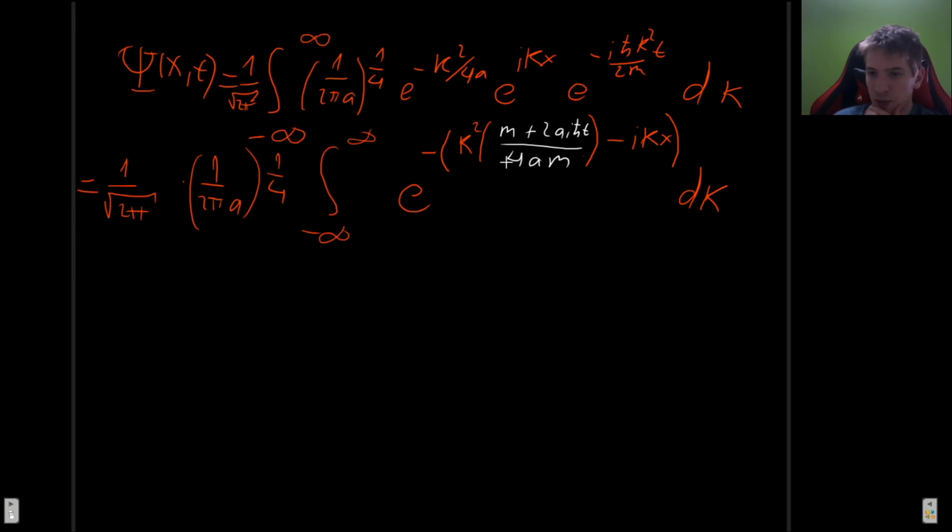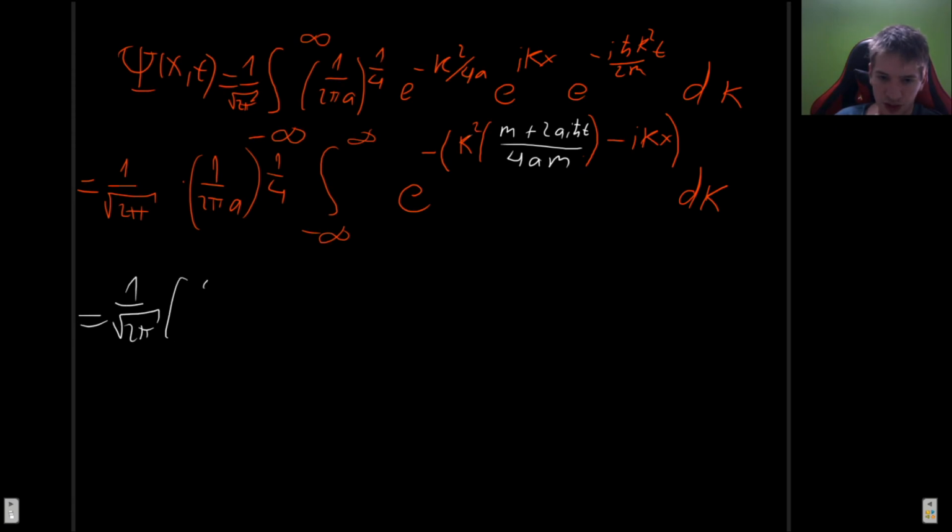So what we want to do now is isolate the k squared so that we can complete the square more easily. You don't really have to isolate it, but I think that it's easier to do it like this when you are first learning the problem. Once you've done it more times, you can just skip a few steps and it's going to work out just fine. So I'm going to write out these constants.